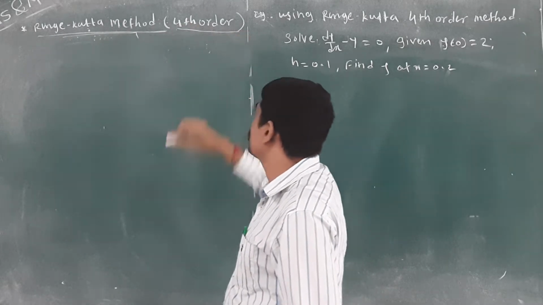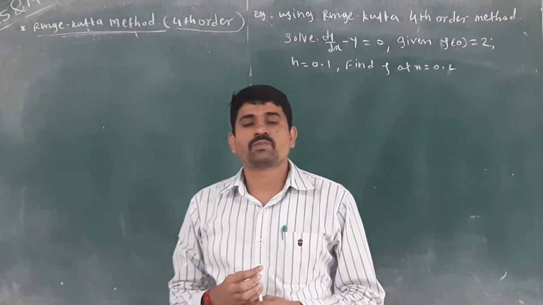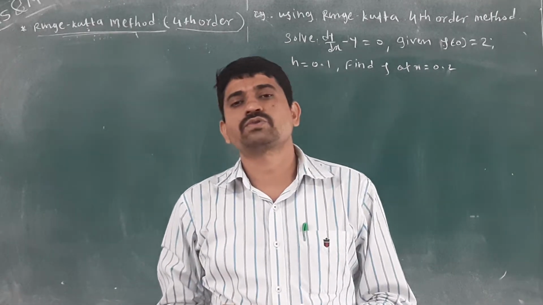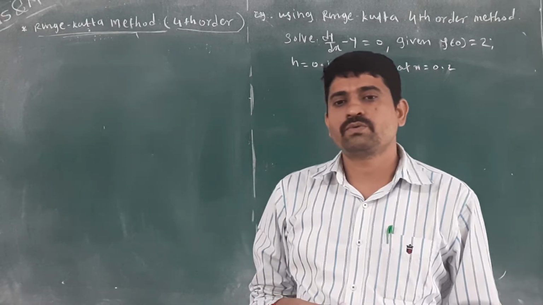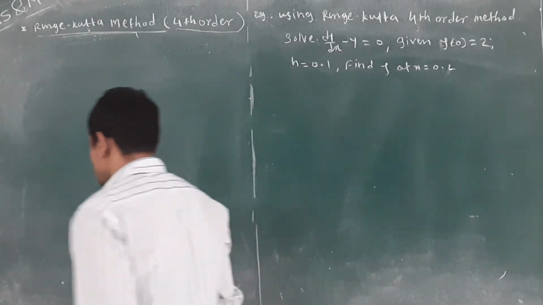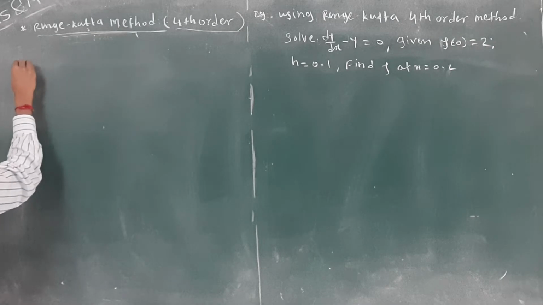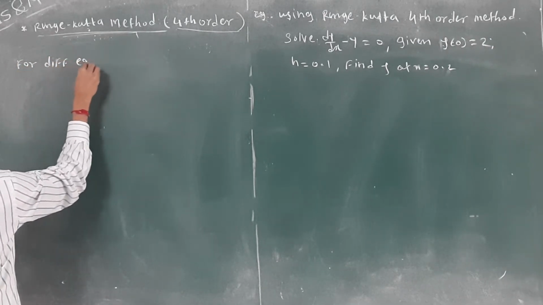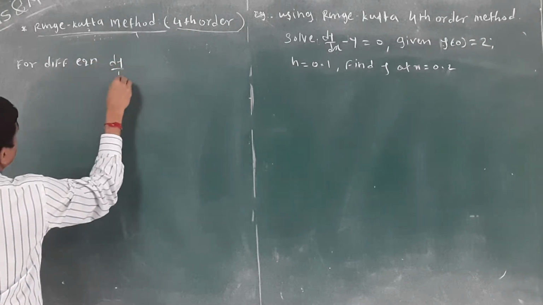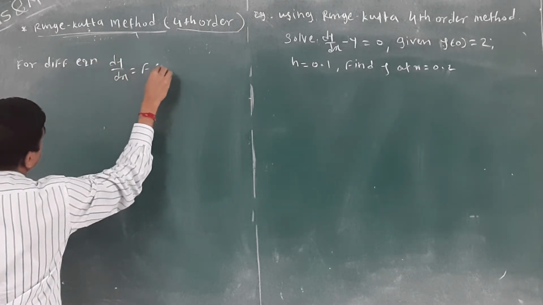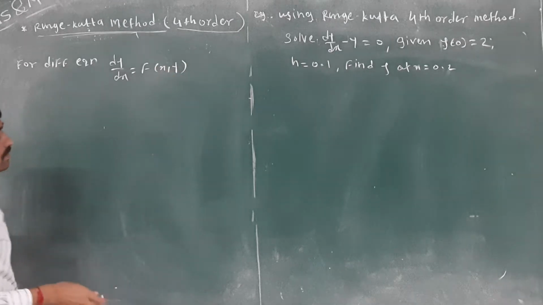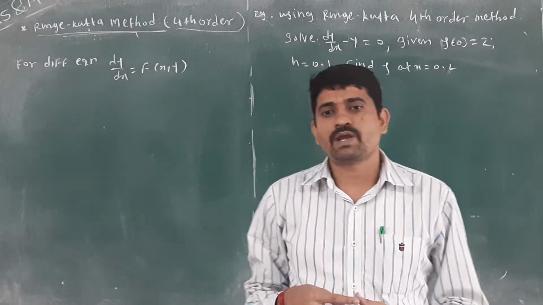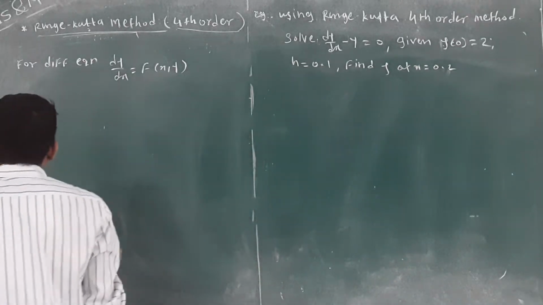Remember that, fourth order. If you are getting a numerical on the Runge-Kutta fourth order method, then how to solve that numerical? For the differential equation, we will write dy by dx is equal to f(x, y).